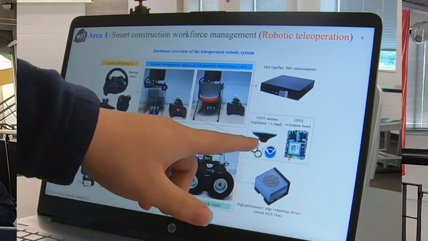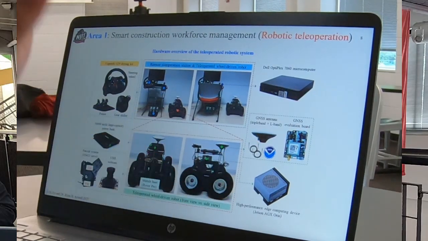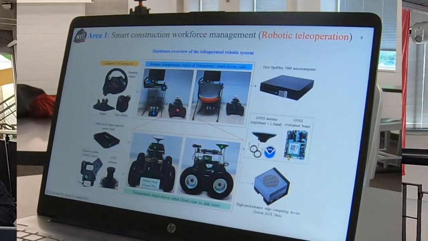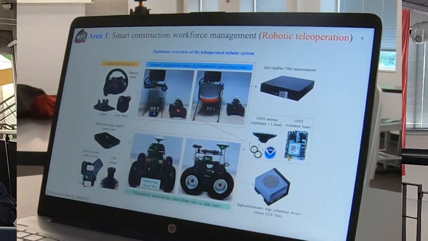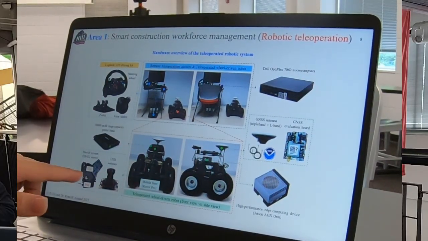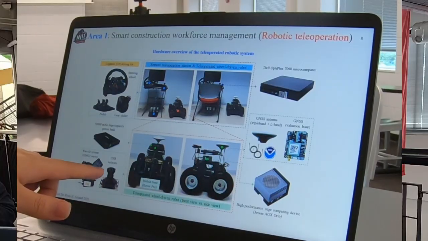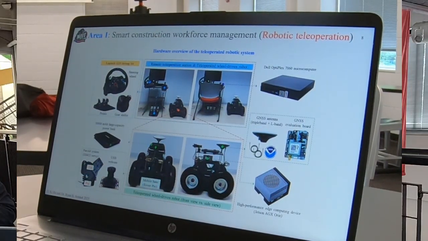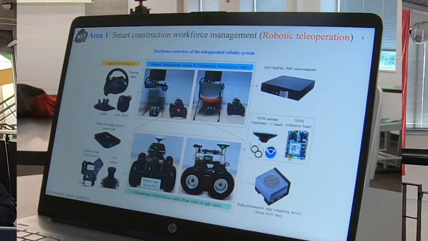Yeah. And then here are more details about how we get the 3D, how we train the machine learning models to do the 3D pose classification in order to understand what the workers are actually doing on site. So we developed a new data set.